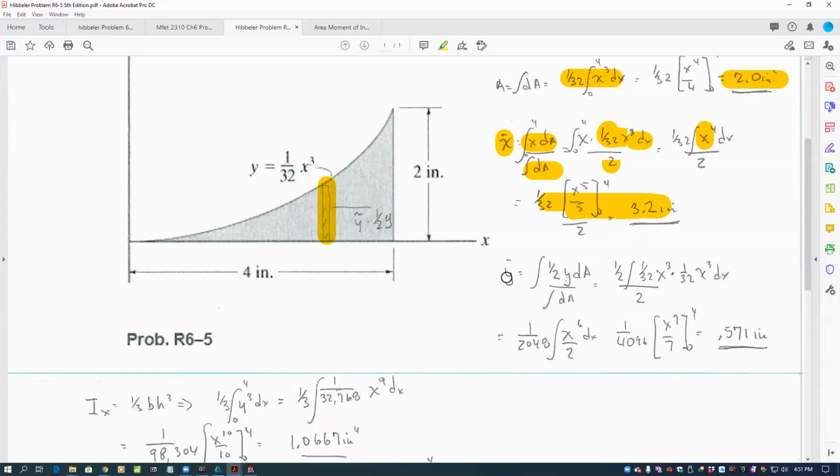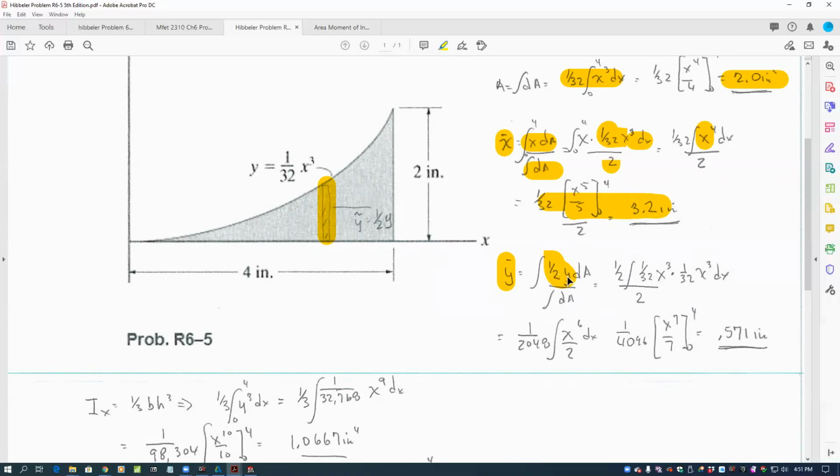Our y bar, now if we notice that the centroid of this element is 1/2 of y, right through the centroid here, it's 1/2 of the height of y. So in this case, we have to say 1/2 of y, because we're looking for the centroid of the shape. And of course, we need to integrate this using our y tilde, if you will.